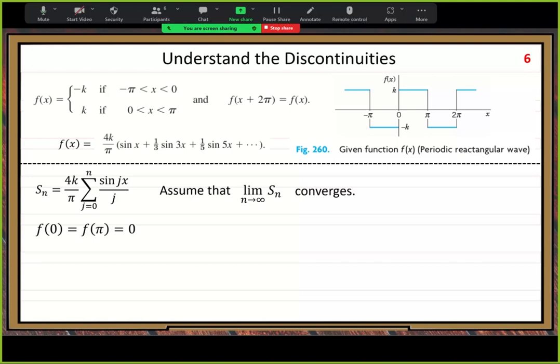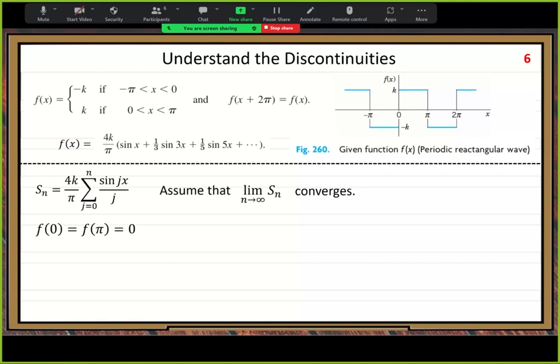Now let us plug in x equals 0 and pi. At x equals 0, all these sine terms equal 0. All terms are 0, and adding infinitely many 0s up is also 0. So the Fourier series value also gives us 0.